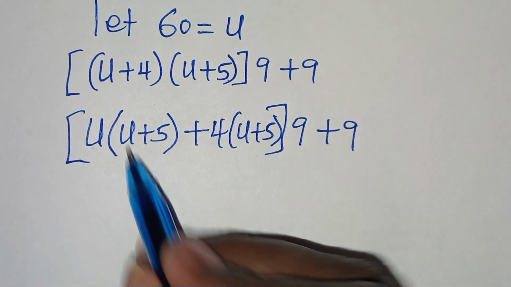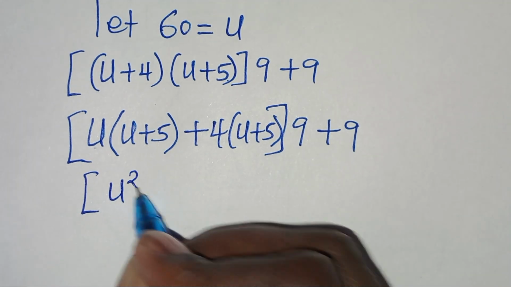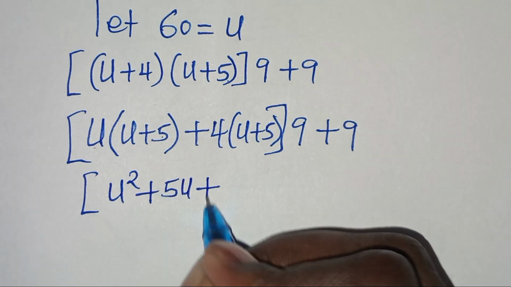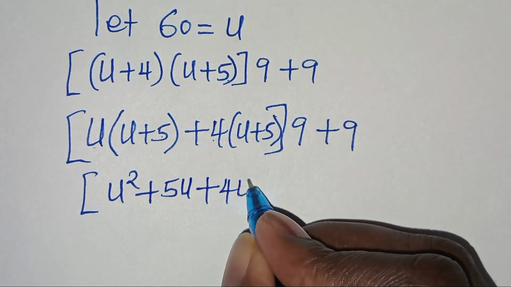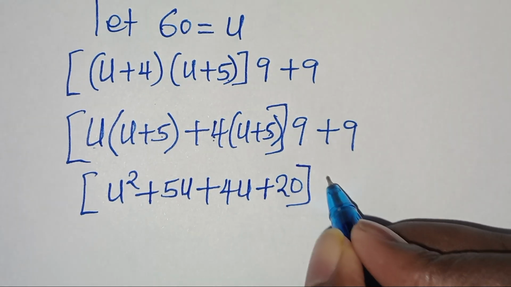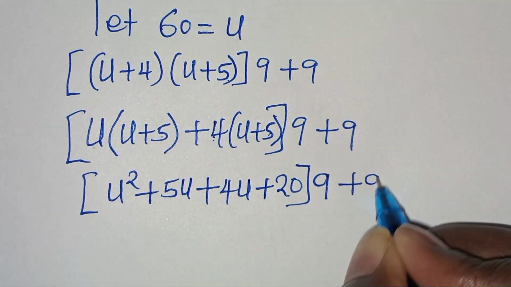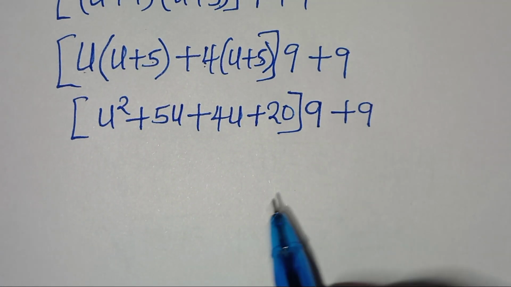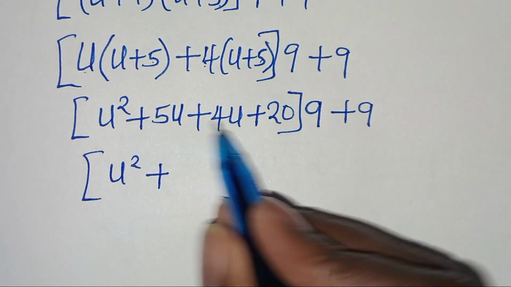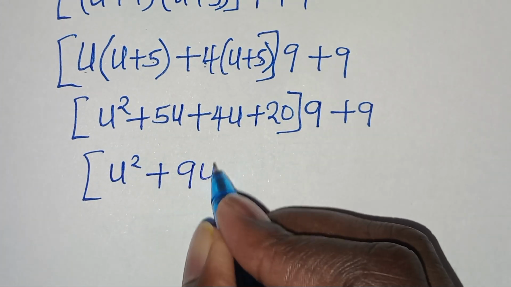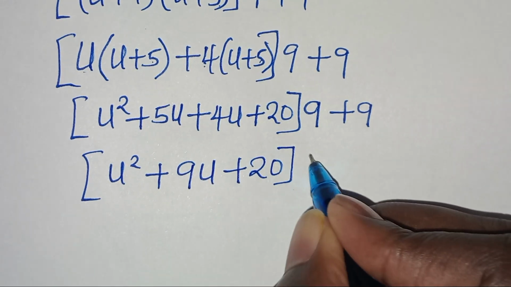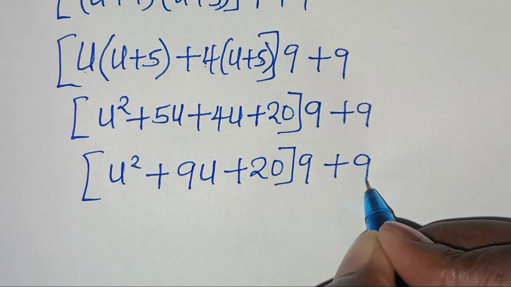So u times u is u to the power of 2, then plus u times 5, this is 5u, then plus 4 times u, this is 4u, then plus 4 times 5, this is 20. Close the parentheses, multiplying by 9, then plus 9. So we have u squared plus 5u plus 4u, this is 9u, then plus 20, everything here multiplying by 9, then plus 9.